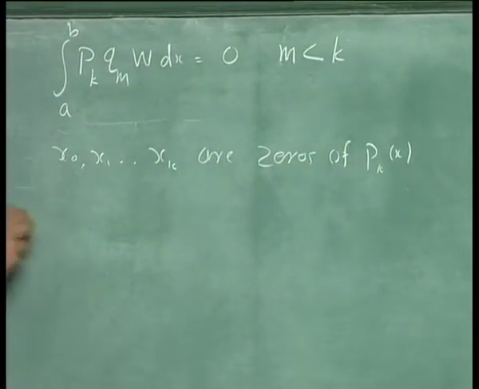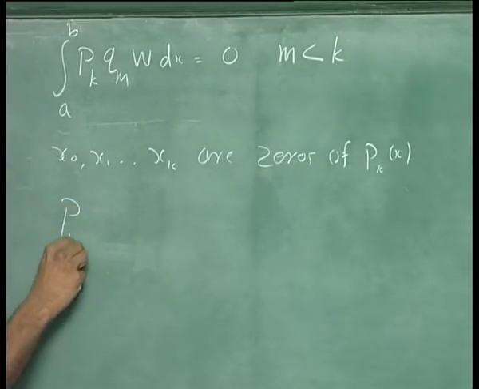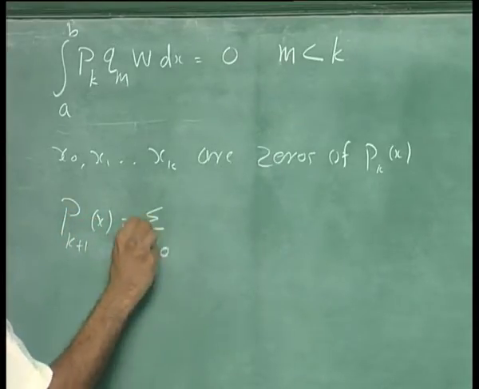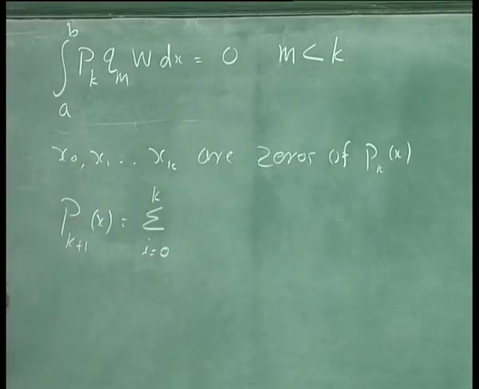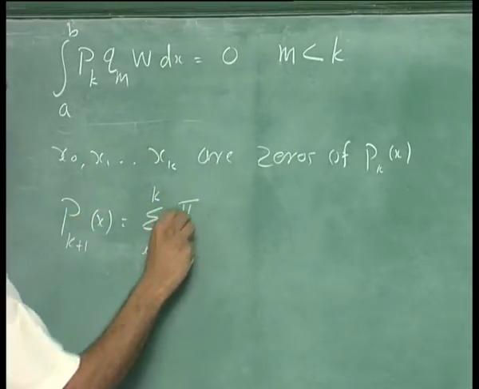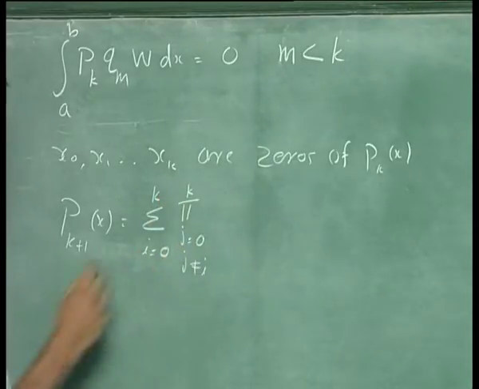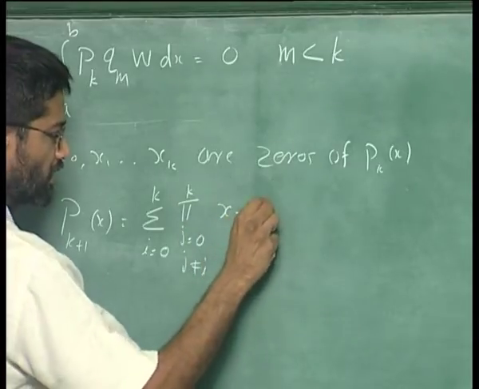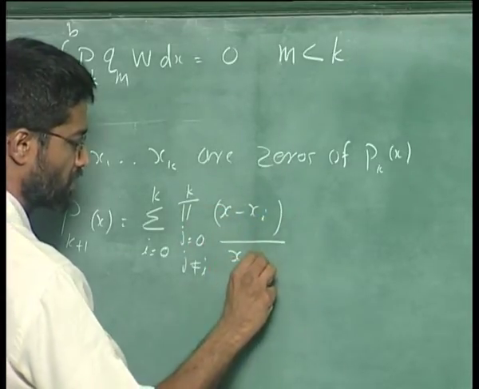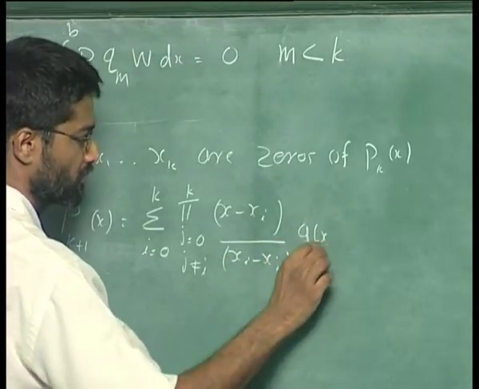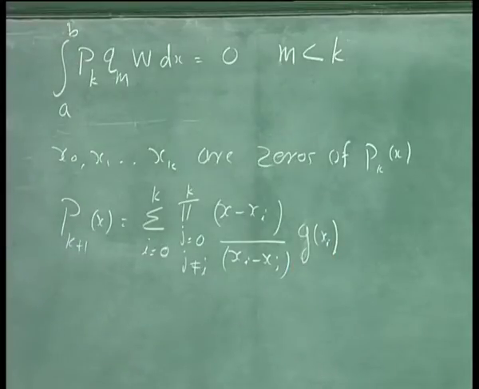Remember the polynomial pk plus 1 of x which we have constructed as the sum over i going from 0 to k, and the product over j going from 0 to k, j not equal to i, of x minus xj divided by xi minus xj, into g of xi. So, these points xi which you choose are the zeros of this polynomial.